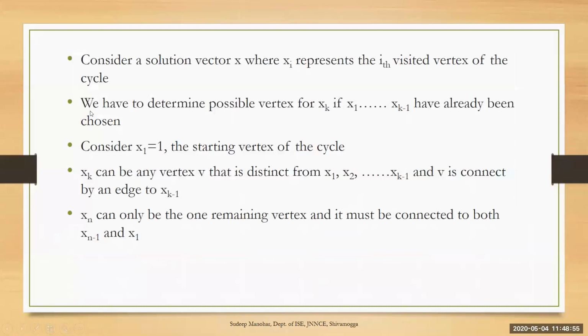Now, second point, we have to determine the possible vertex for xk if x1 to xk minus 1 have already been chosen. For example, starting from x1 till xk minus 1, if the vertices are chosen for any value of k, then you have to determine the possible vertex for xk.